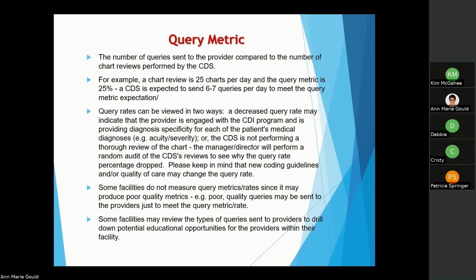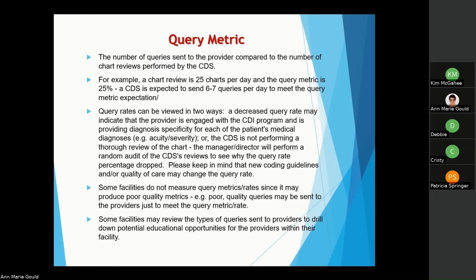So you can't just look at a query rate and say, no, you need to meet that. Like that 40% at my current contract company. I was like, you know what, I'll never meet that. I can get up to 35% depending on what type of chart I'm reviewing, right? If I'm reviewing regular med surg charts and not critical care or trauma cases, I may not get that query rate even to 20%, okay?